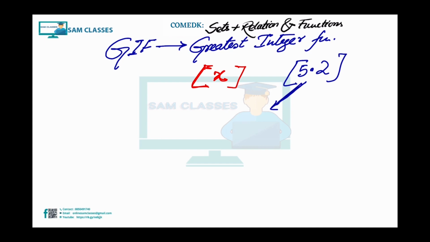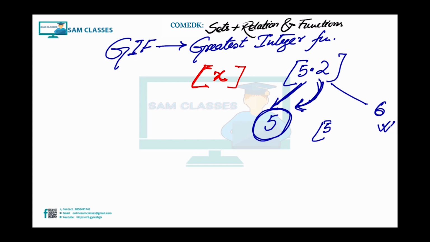So this 5.2 is lying between two integers. One is 5, one is 6. So it should choose 6, correct? No. It will always give the lowest integer nearest to it. So 5.2, if you do the box of 5.2, you'll get what?